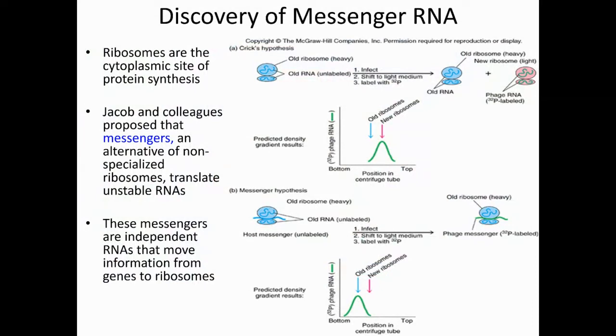So before we start transcription, to transcribe DNA to the messenger RNA, this is just an experiment to prove the presence of messenger RNA between the DNA and the protein.